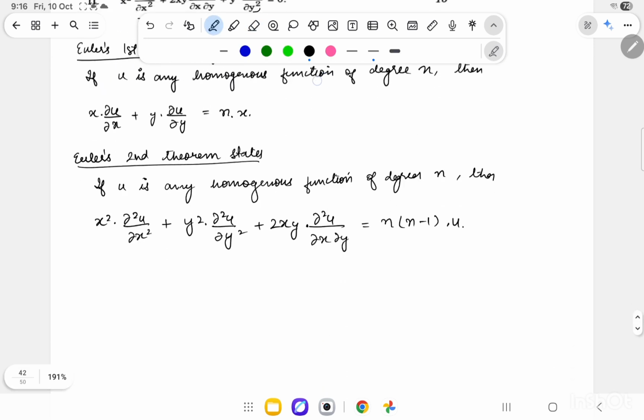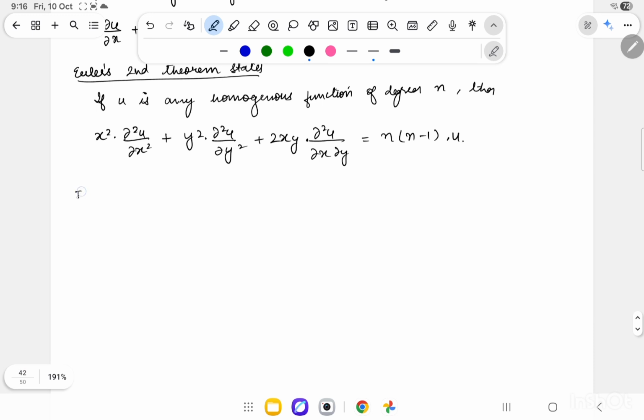Now the given function u to us is, so u of x comma y is given to us as x times f of y by x plus g of y by x.